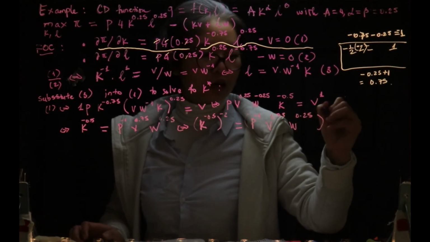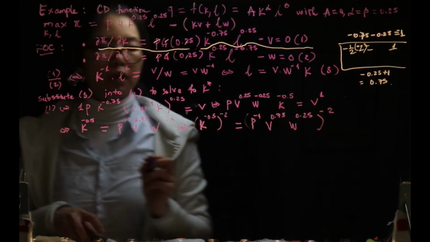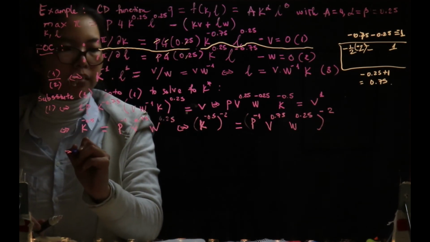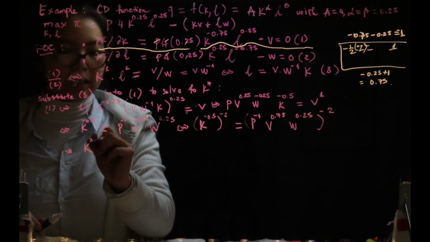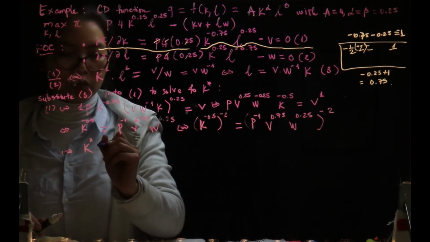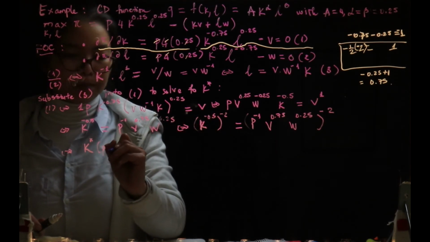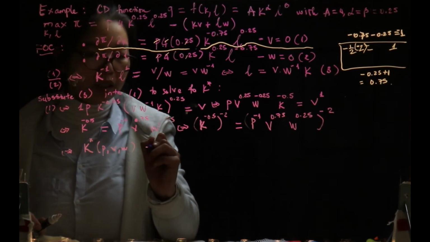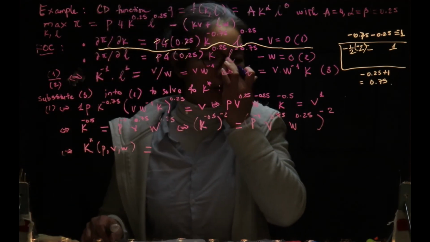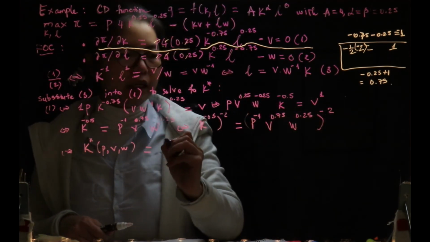Everything to the power of minus 2. What will we have? Now on the one side we could already write K star because we get rid of the exponent, as a function of P V W equals. Just need to sort out the exponent here.